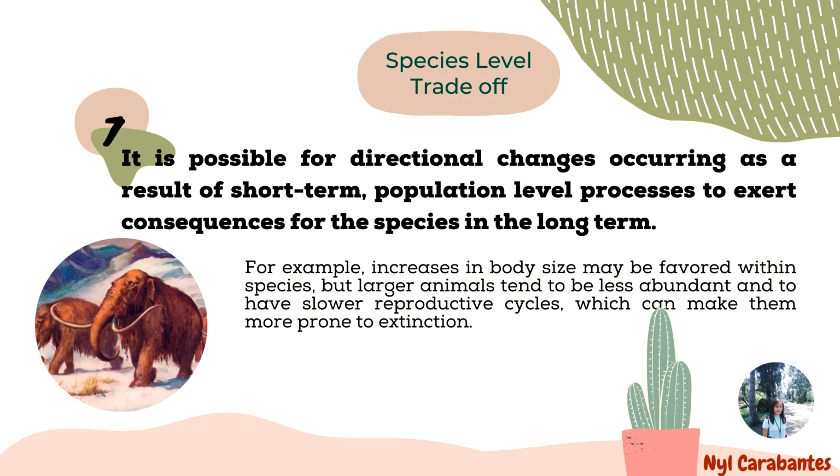Species level trade-offs. It's likely that directional changes resulting from short-term population level processes would have long-term implications for the species. For example, increases in body size may be favored within species, but larger animals tend to be less abundant and to have slower reproductive cycles, which can make them more prone to extinction.